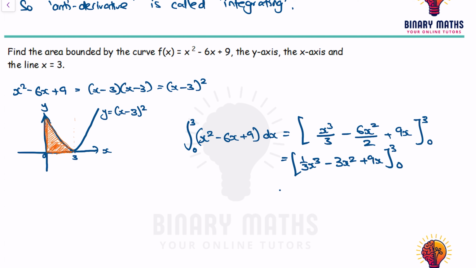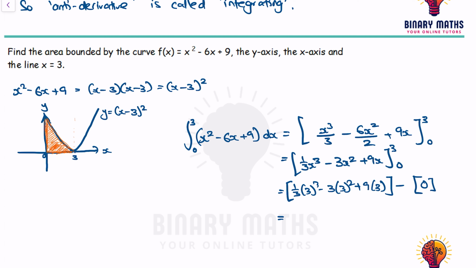The first thing you need to do is substitute 3 in. So a third times 3 cubed minus 3 times 3 squared plus 9 times 3. And then substitute 0 into the same expression. Now you should realize when you substitute 0 into this, you're just going to get 0 because it's got a multiple of 0 in every single term. So it's just going to be 0.